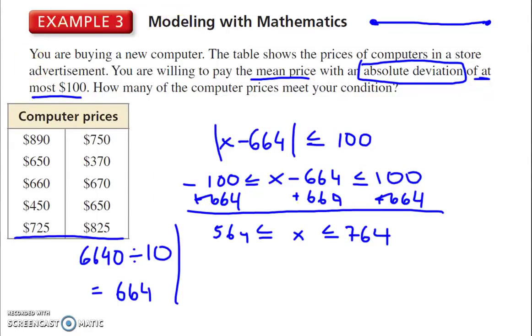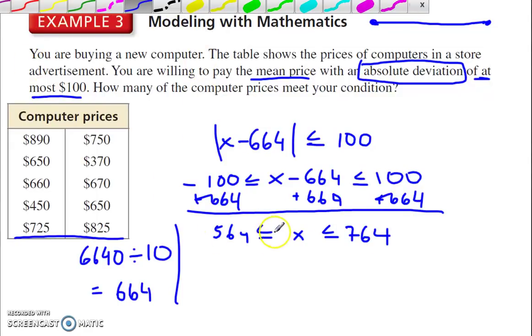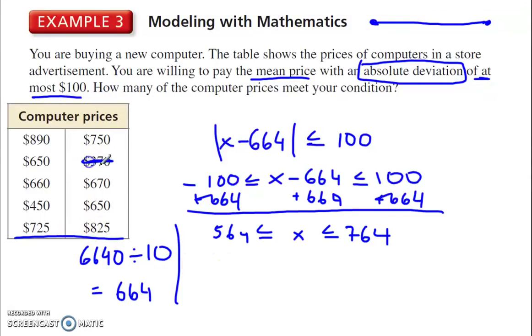So the prices have to fall in this range. They have to be greater than or equal to 564. So anything less than 564 is out of the running. Okay, and less than or equal to 764. So this is out of the running. This is out. All right, so it's 1, 2, 3, 4, 5, 6. 6 of the computer prices meet the condition.